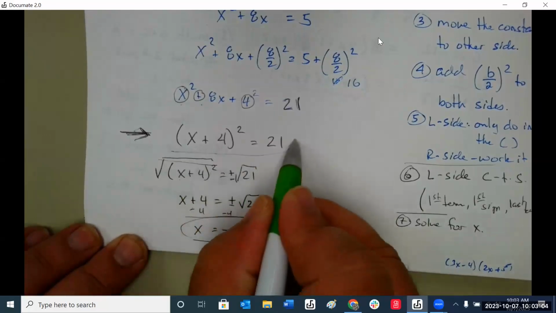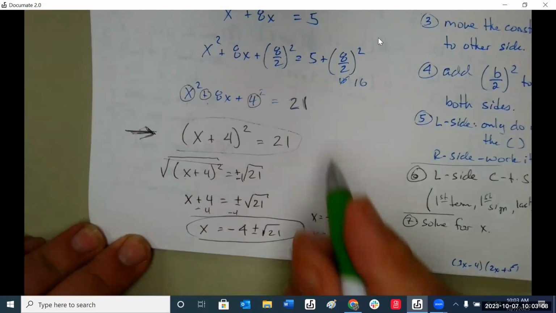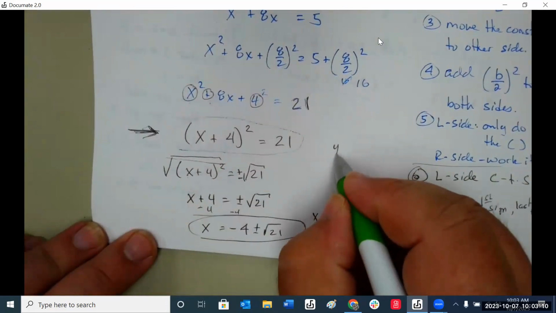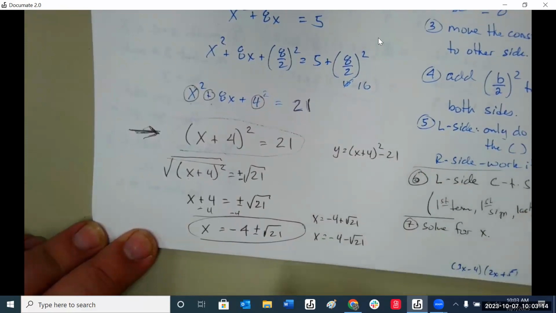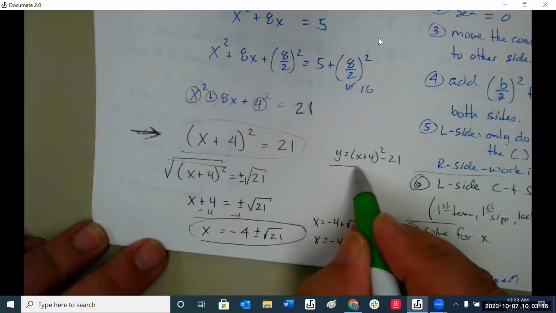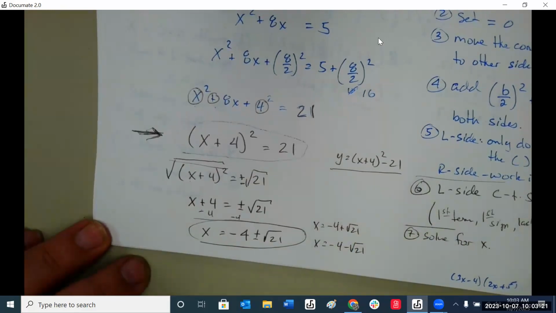Now, what we set up here, if at this stage, remember, it equals 0, and we move this 21 over, this is the second form of our quadratic equations.